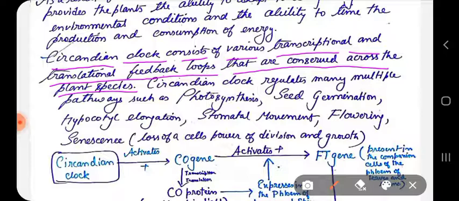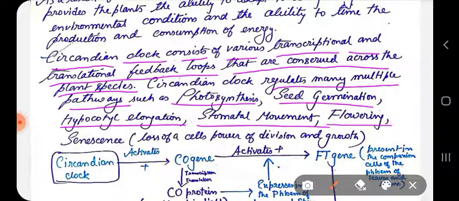That means it is also regulating the expression of the proteins from the genes and regulating multiple pathways like photosynthesis, seed germination, hypocotyl elongation, stomatal movement, flowering, and senescence, which is loss of the power of cell division and growth.